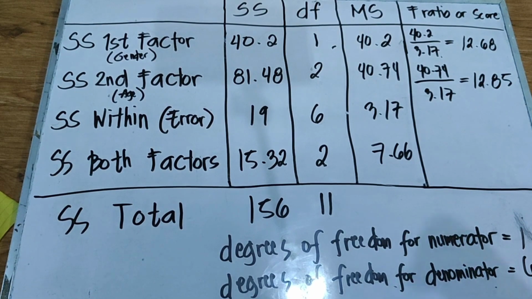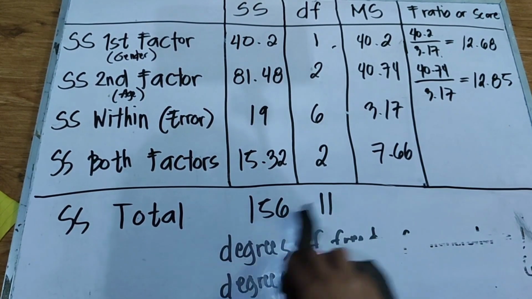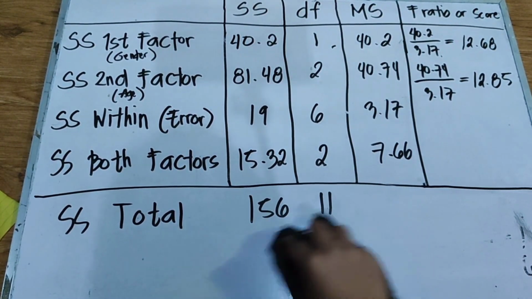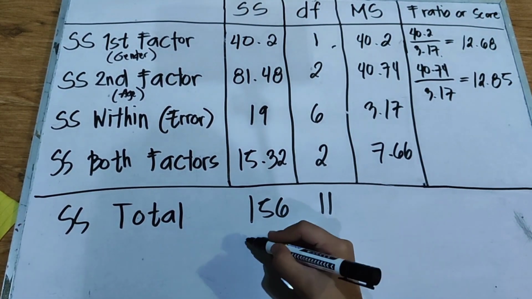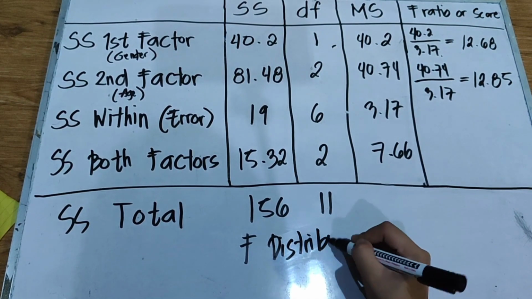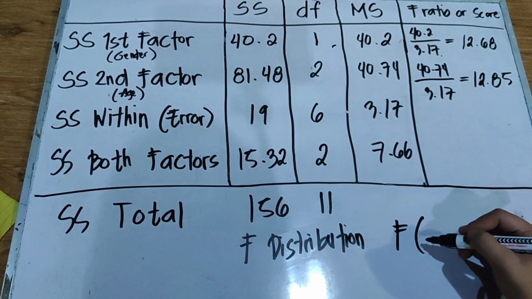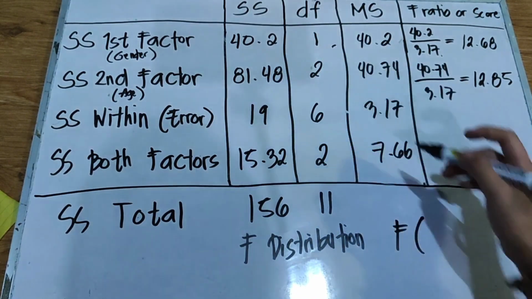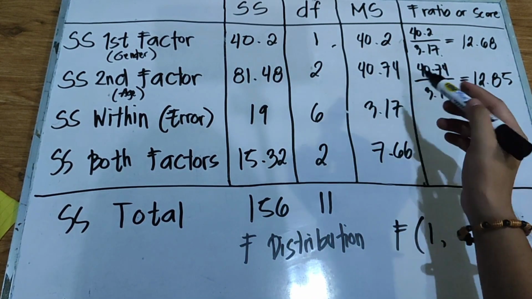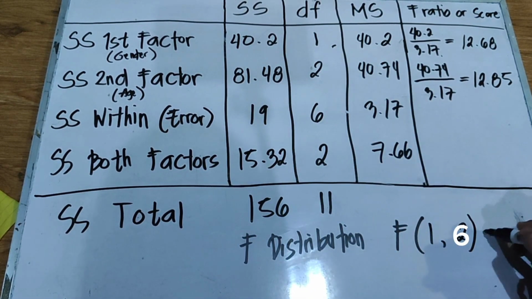So, ang iyang resulta ni, ako lang siya i-reason. Iyang F distribution: F with numerator 1, comma, and then the degrees of freedom denominator 6 is equals to 12.68.